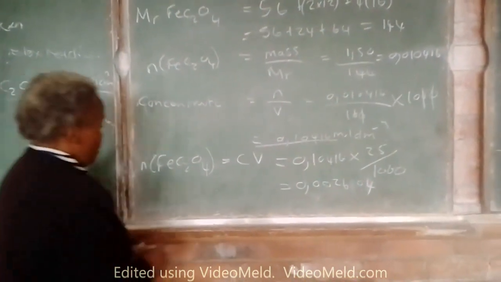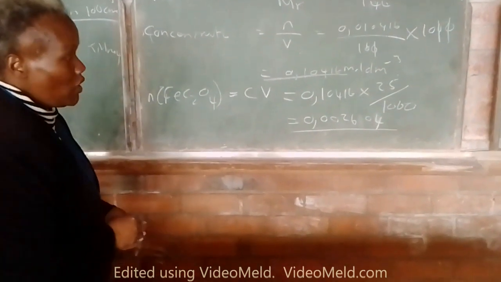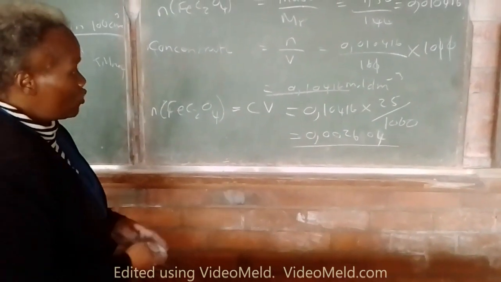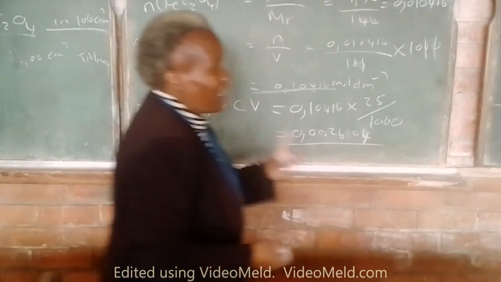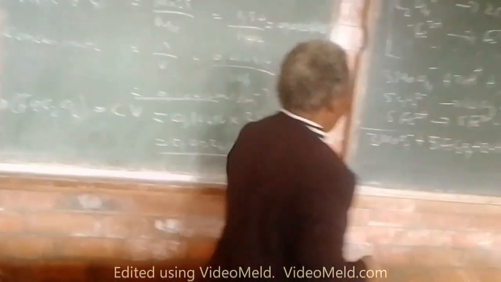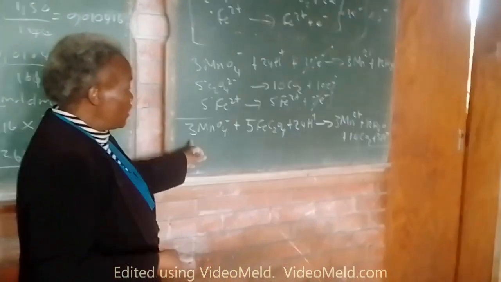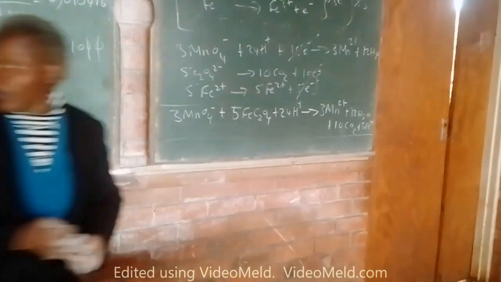Now these are the number of moles of ethane dioate which are reacting. So we are now going to use our balanced equation to find out the number of moles of the permanganate, and they are in the ratio 3:5.